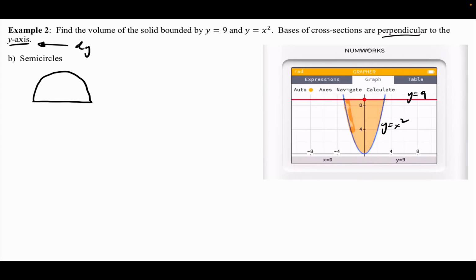So we know the area of a half circle is pi r squared divided by 2, or 1/2 pi r squared.